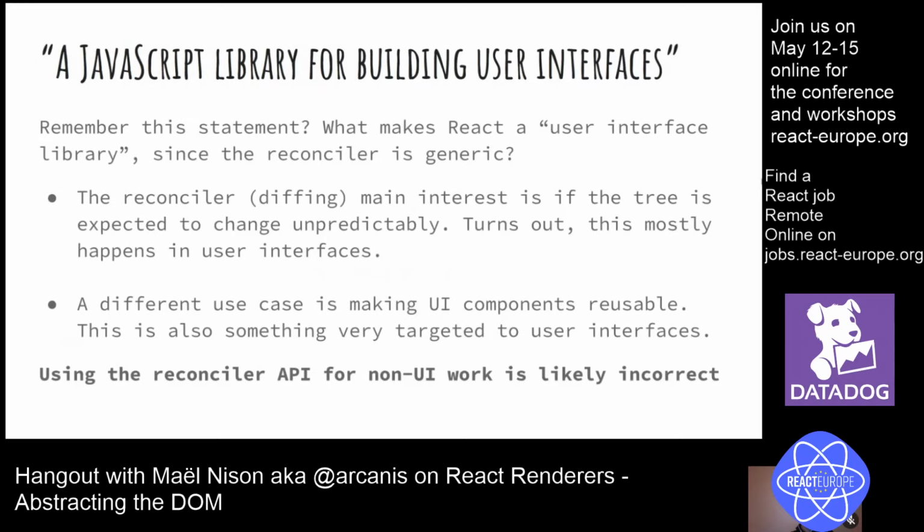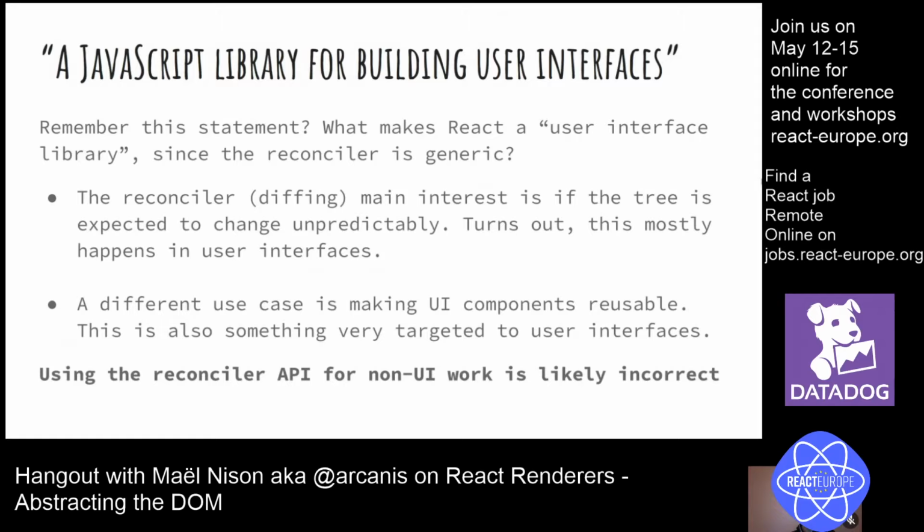So we discussed what React is, and the first line on the React website was a JavaScript library for building user interfaces. So what makes React a user interface library? We've seen that the reconciler is generic, so maybe we can use it for other purposes, right?